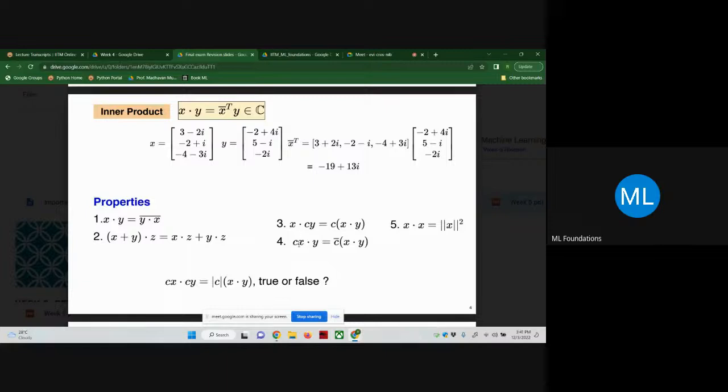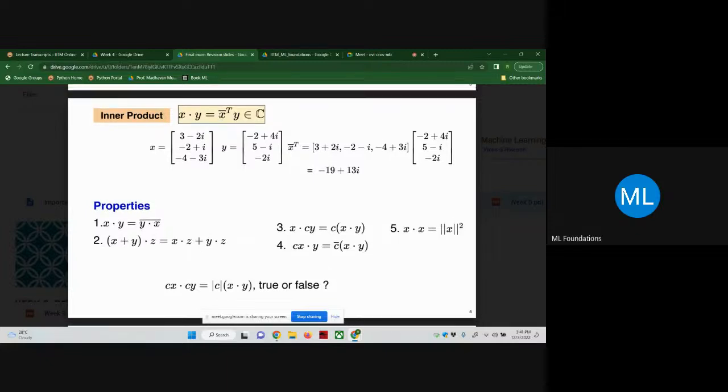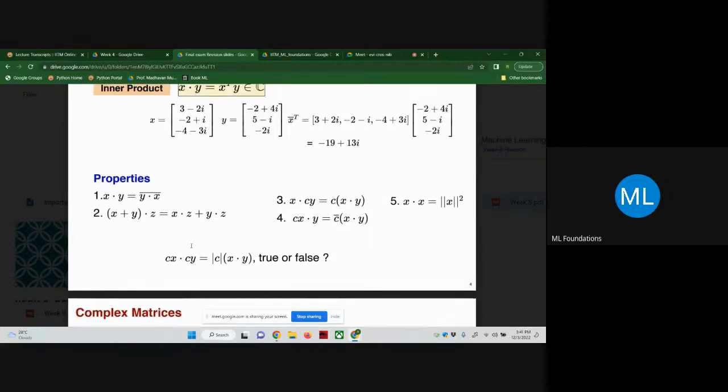So cx dot y is going to be equal to c conjugate times x dot y, because we need to conjugate cx here. That is why we have the conjugate. cx dot y gives you c conjugate, but x dot cy directly gives you c. Now if you look at this, c is a complex number in both 3 and 4, correct?